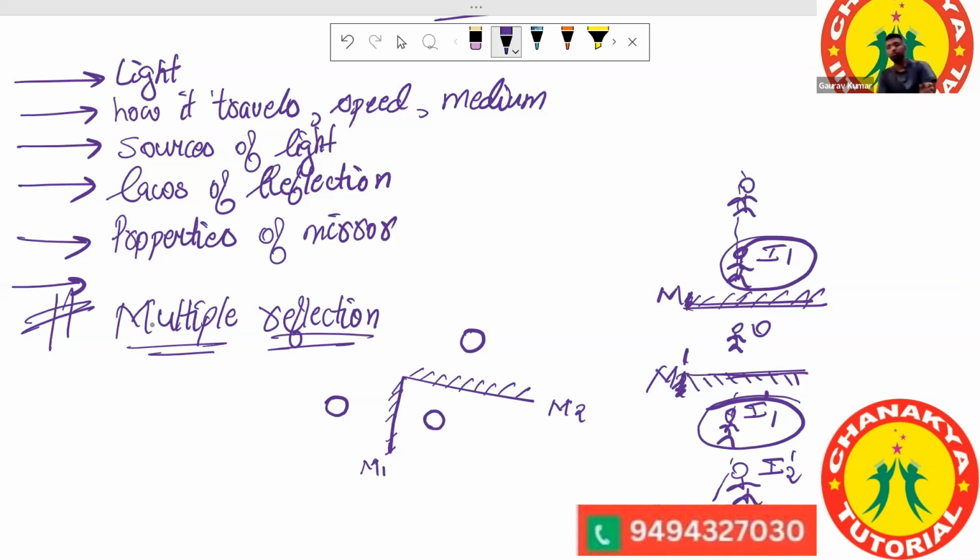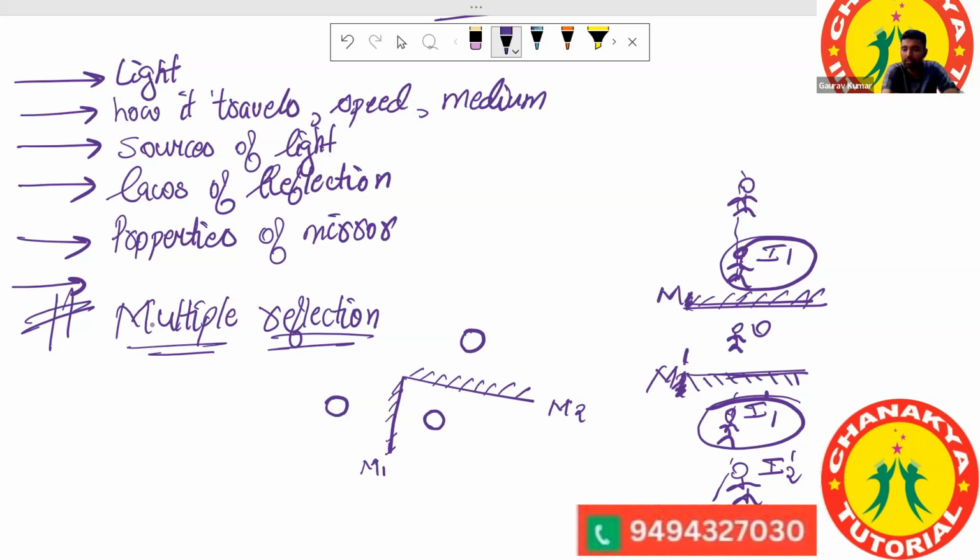Okay, so first the mirror makes an image, and from that image the second mirror makes one more image. That way they are making an infinite number of images. Like Ashwath said, the light is bouncing back from these mirrors. Due to this bouncing back of light, it creates an infinite number of images.